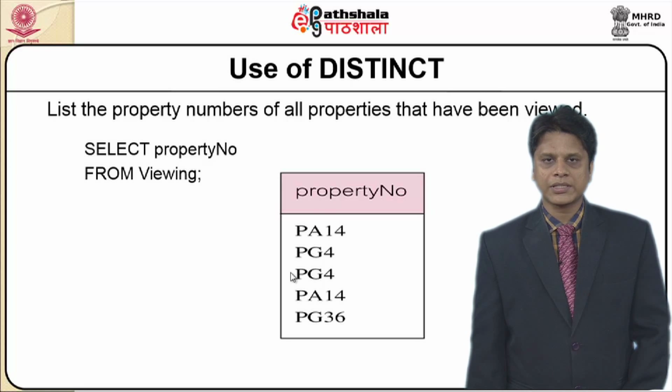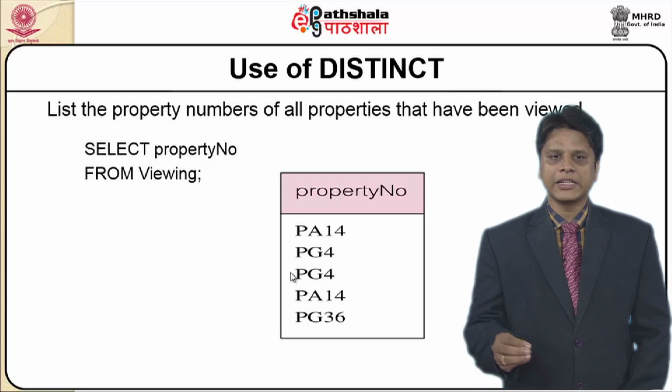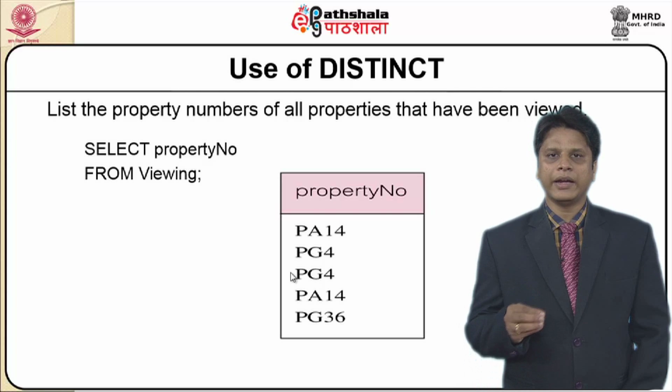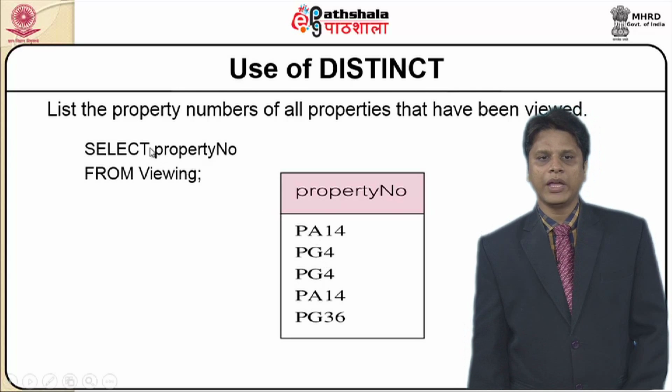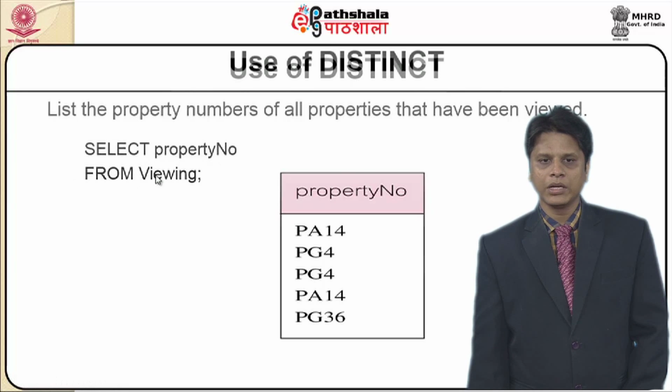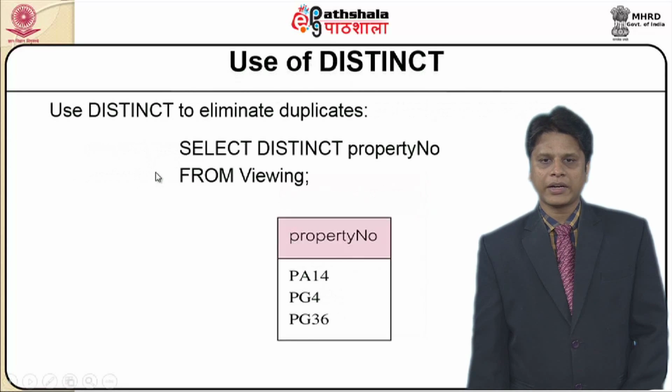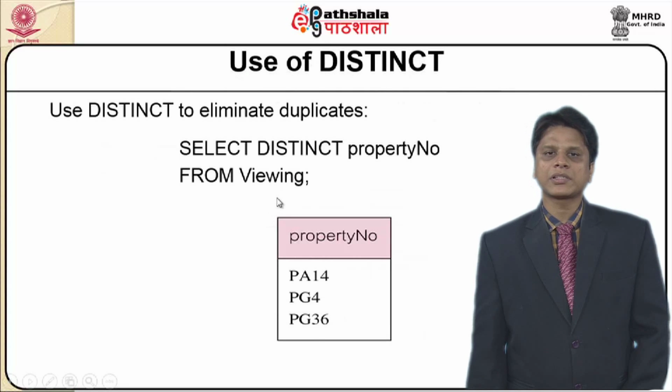To reduce this, we include another keyword, distinct, between select and property number: select distinct property number from viewing, which removes the previous redundancies.